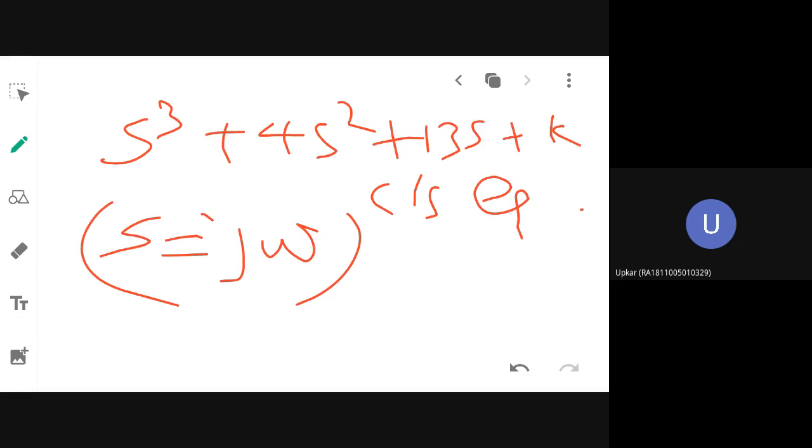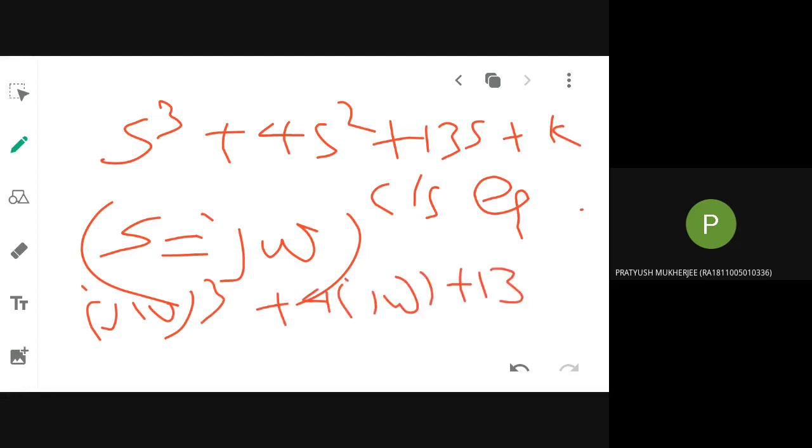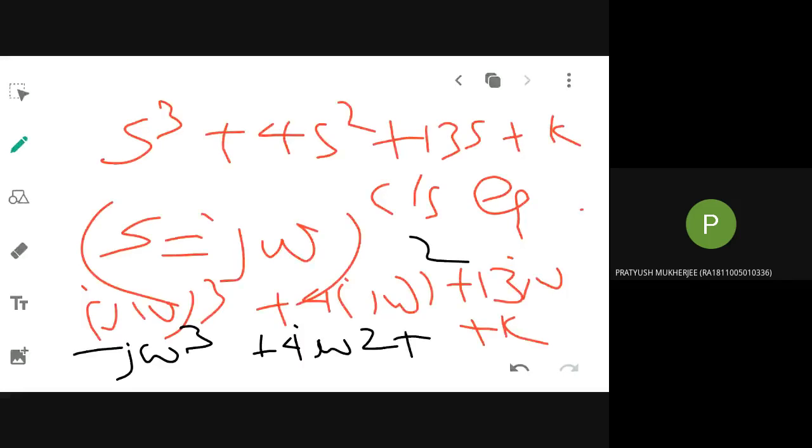If you do that, what will happen? (j omega) cubed plus 4 (j omega) squared plus 13 j omega plus K. Everywhere you substitute that, what will be the answer? This will become minus j omega cubed, then minus 4 omega squared, plus 13 j omega plus K.